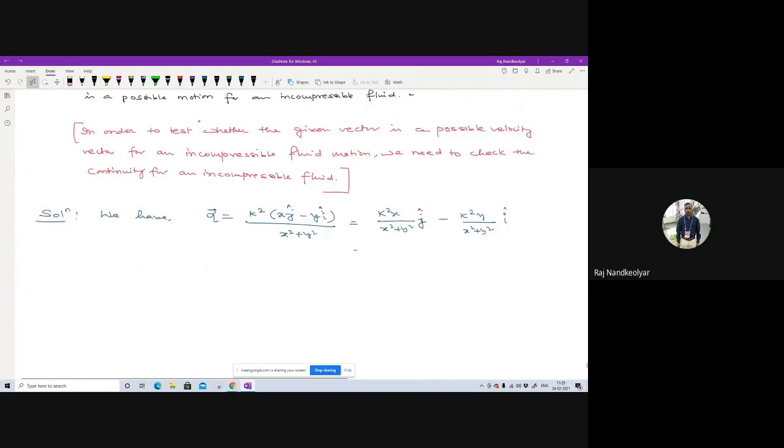It means what? This is your v component because it is appearing with j cap, and this is your u component which is appearing with i cap. So u equals minus k square y upon x square plus y square, and v equals k square x upon x square plus y square. I hope it is clear.